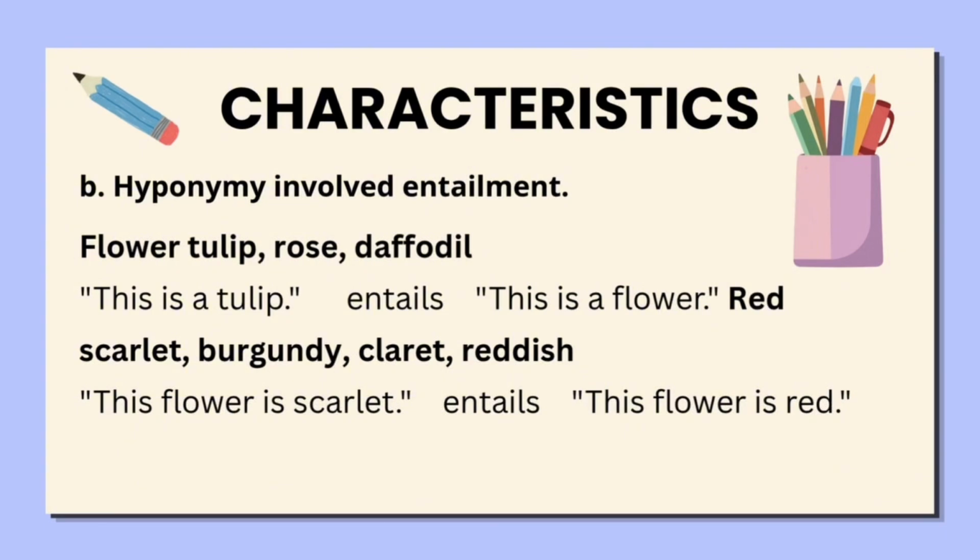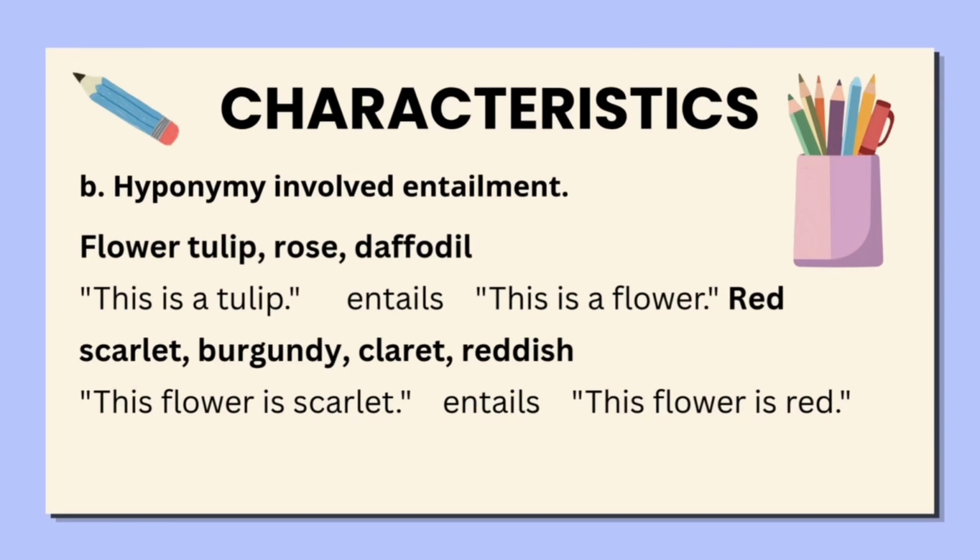So if someone says, "This is a tulip," we automatically understand that it is also a flower. This is because every tulip belongs to the flower category. In other words, the meaning of the word flower is already included inside the word tulip.